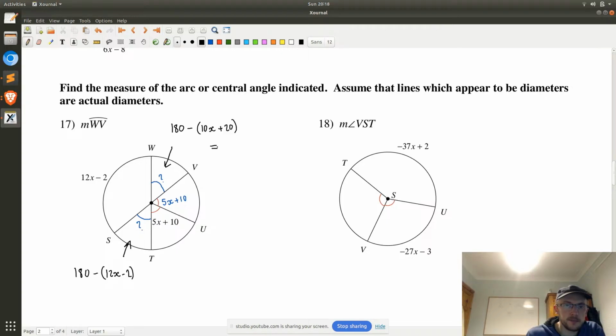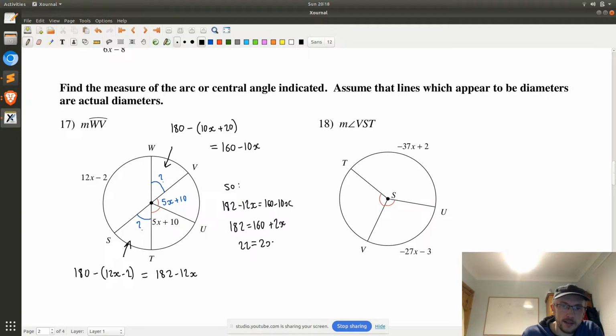And calculate now. 182 is 160 plus 2x, so 22 is equal to 2x, so x is 11. It seems. Find the measure of angle VST.